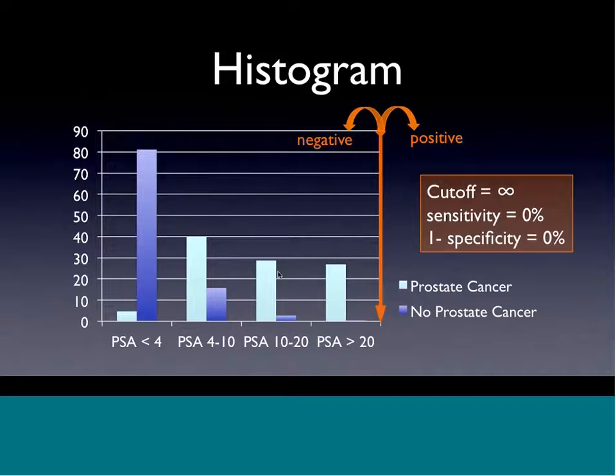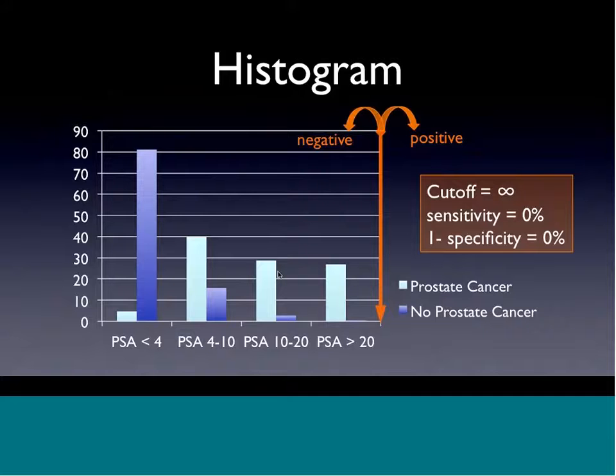The next thing we do is we select a cutoff. So let's say the first cutoff will be infinite. Anything within infinite will give us a sensitivity of 0% and 1 minus specificity of 0%. Specificity will be 100%, but we're talking about 1 minus specificity.